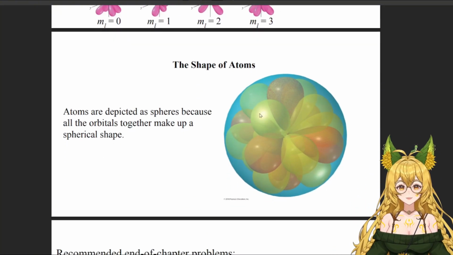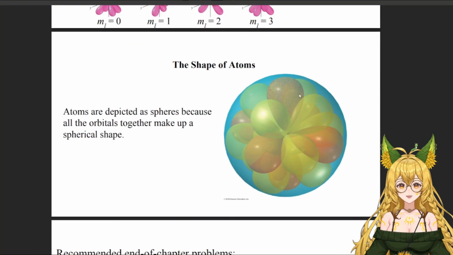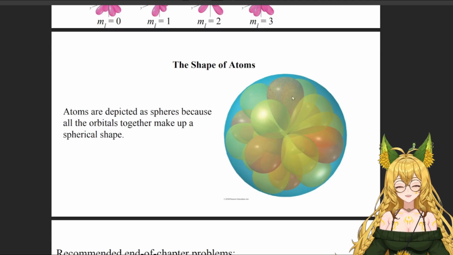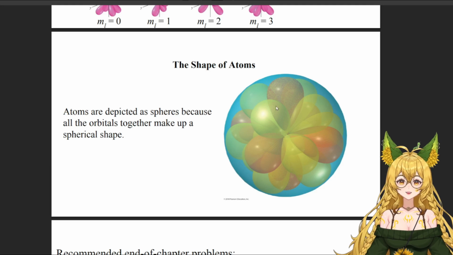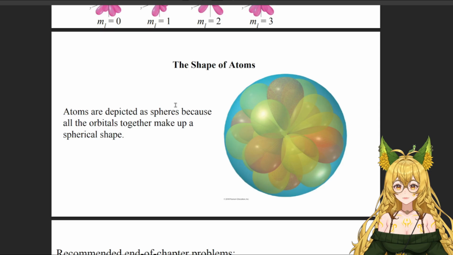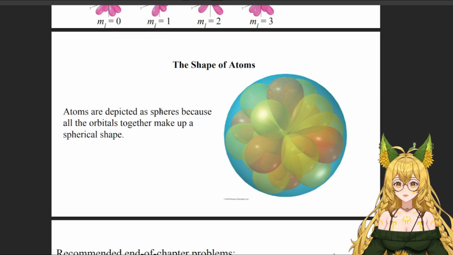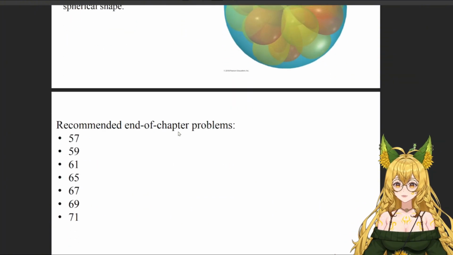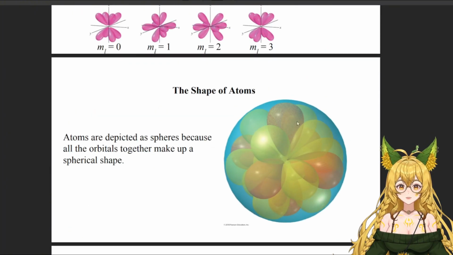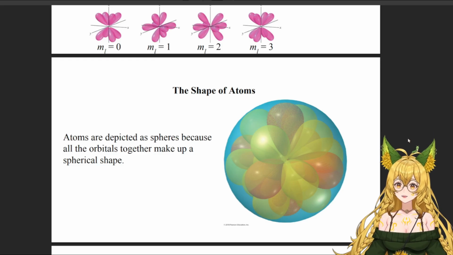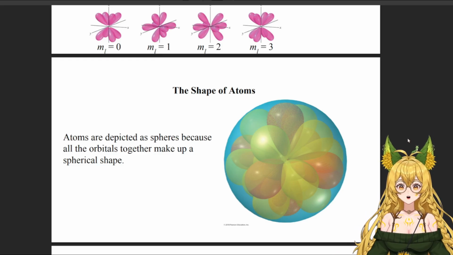Alright, so once we put them all together, you can see that once all the d orbitals and the p orbitals are stacked up, they look like a bunch of balloons inside of a balloon. They form basically a circle. Atoms are depicted as spheres because all the orbitals together make up a spherical shape. It's actually really cool, right? So whenever you see that atoms are just circles, that's because of all the orbitals where all the electrons are.